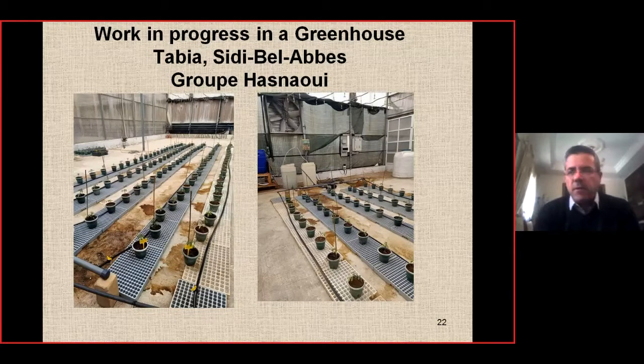The test started just this week. We will have more information after 1 or 2 months, inshallah. So we hope that we will have nice results, and it's a nice technique to improve agriculture.